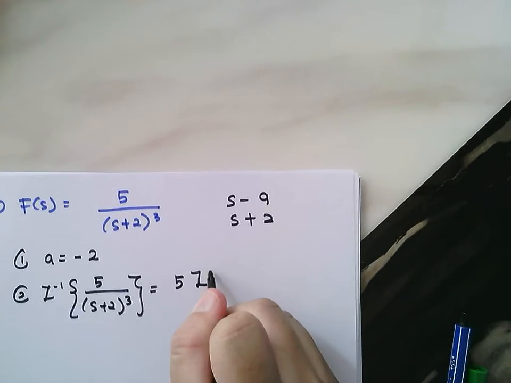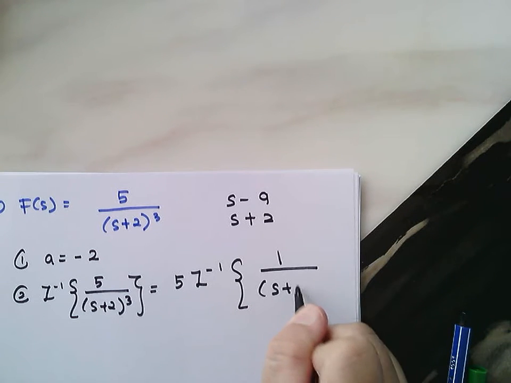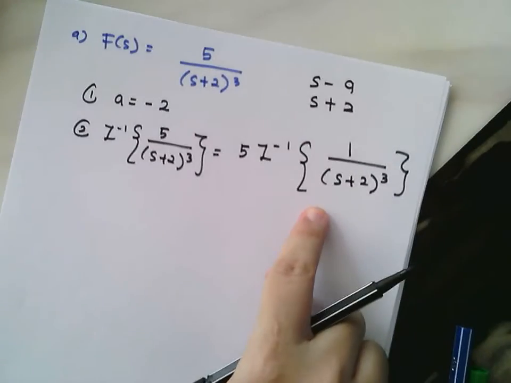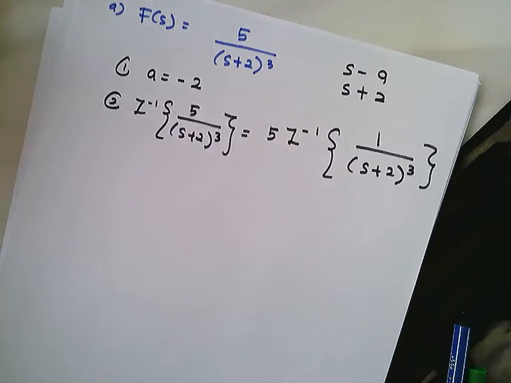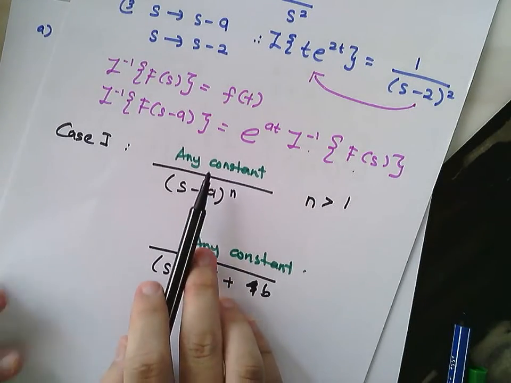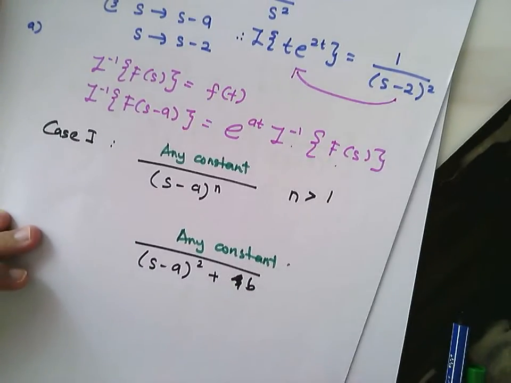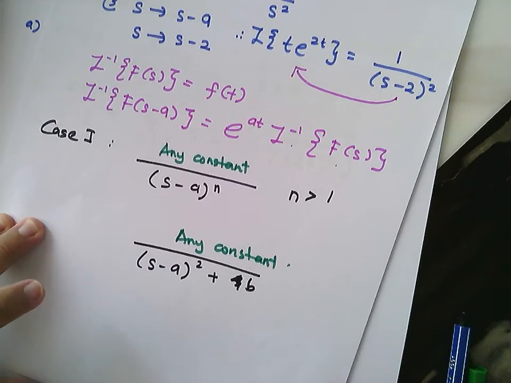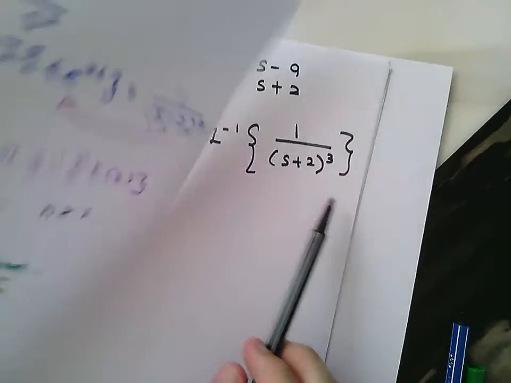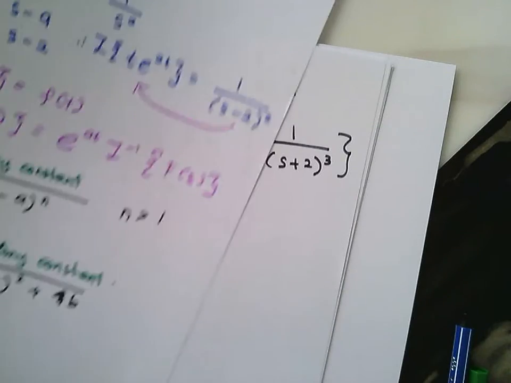So what you actually need to find is the inverse of 1 over (s plus 2) the whole thing cubed. As you can see, this is similar to the first case, where the numerator can be any constant. Since I already factorized 5, I am left with 1. For the denominator part, you have s plus 2, so your a is equal to negative 2 and your n is equal to 3.